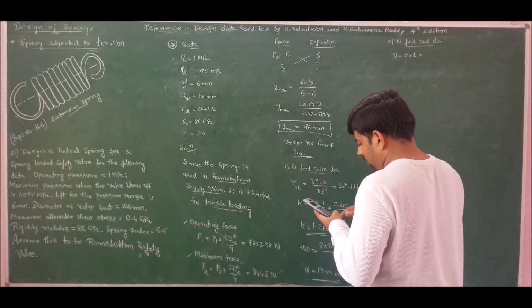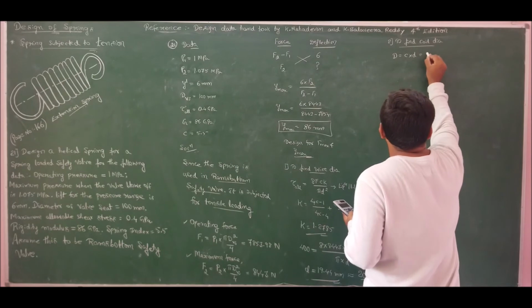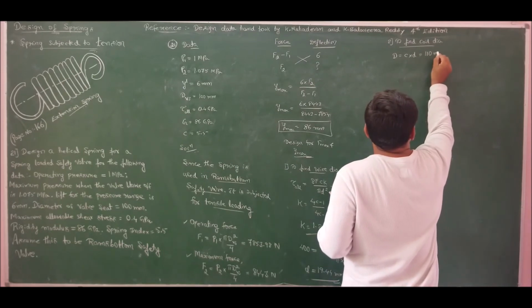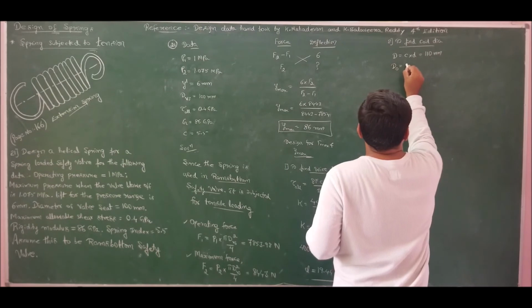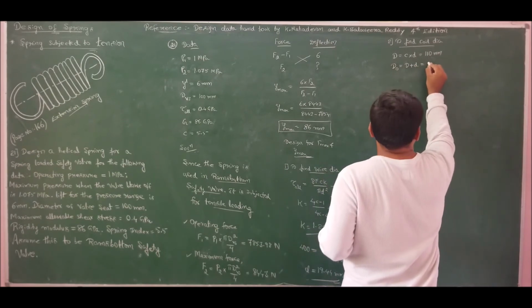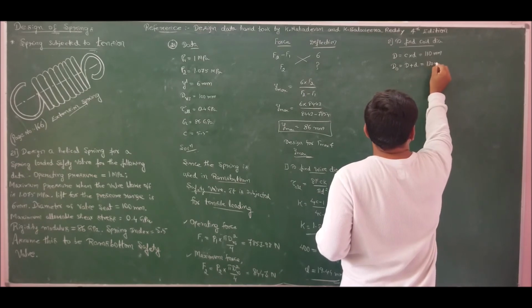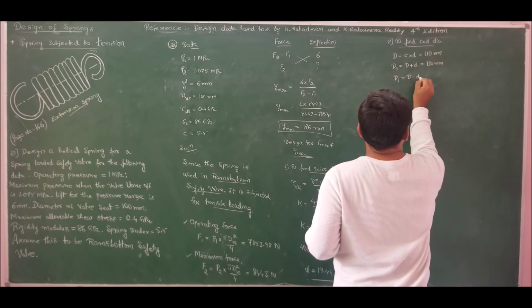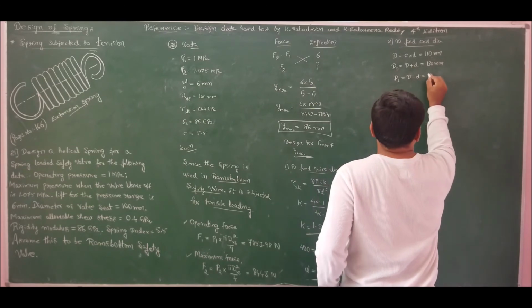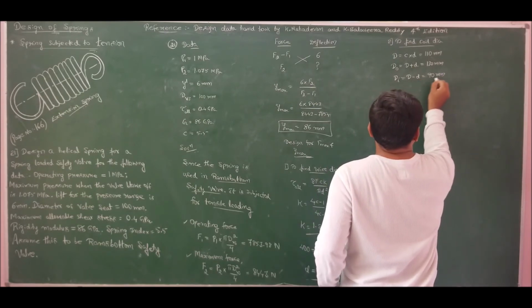So 20 into 5.5 is 110. Outside diameter is mean diameter plus small d, 110 plus 20 is 130. Inside diameter is D minus d, so it will become 90 mm.